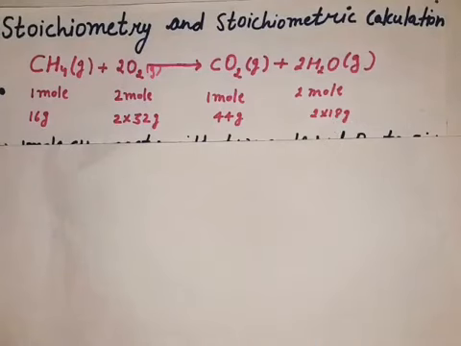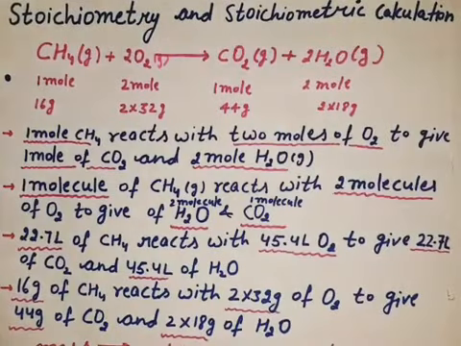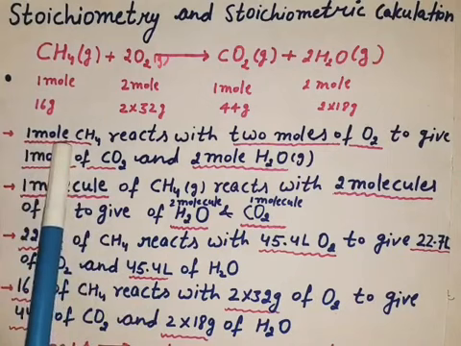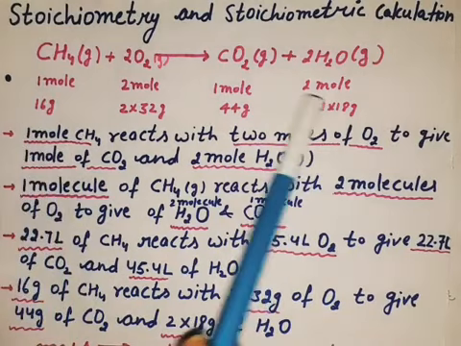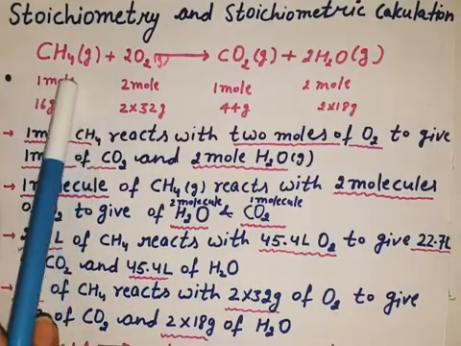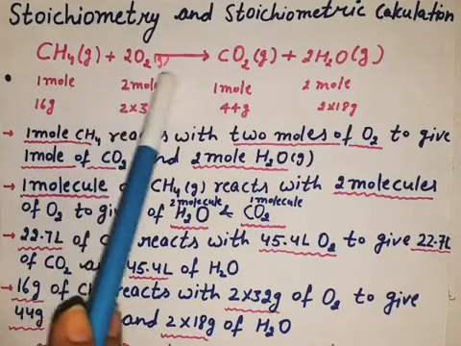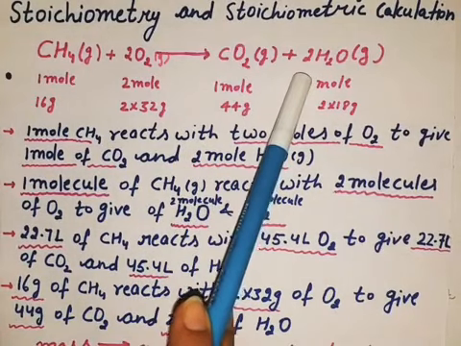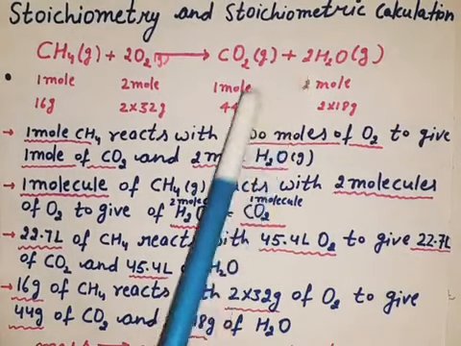Now there are a number of ways by which you can explain any chemical equation. So now we will discuss these ways. We can explain this chemical equation in terms of moles: 1 mole of methane reacts with 2 moles of oxygen to give 1 mole of carbon dioxide and 2 moles of water.